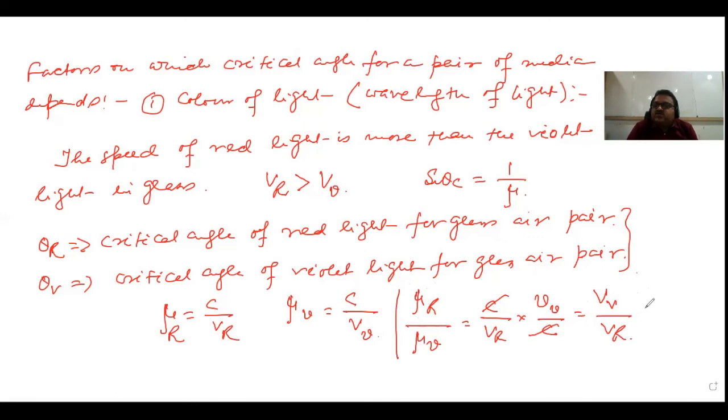So this ratio is obviously less than 1. That means mu R is less than mu V. What does that mean? That means the refractive index of violet color of light is more than red color of light. Now watch it, sine theta is equal to 1 by mu. That means critical angle is inversely proportional to this, correct? So let me show you the calculation.